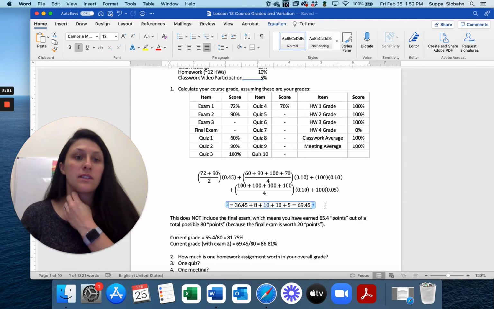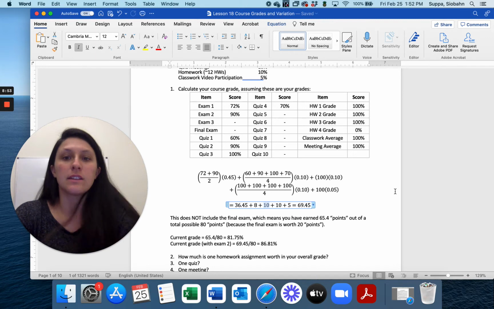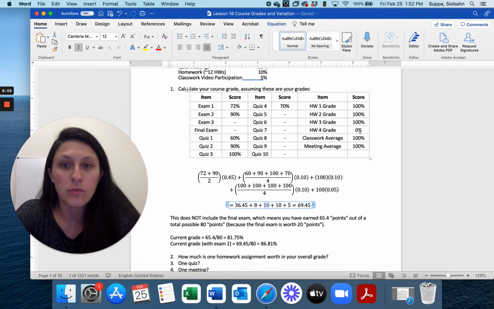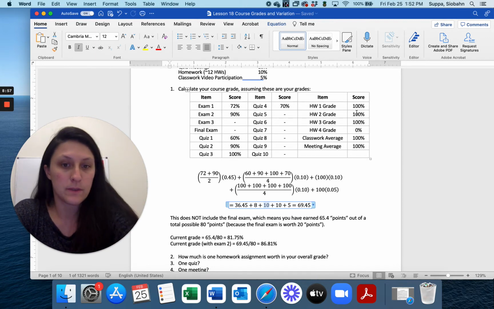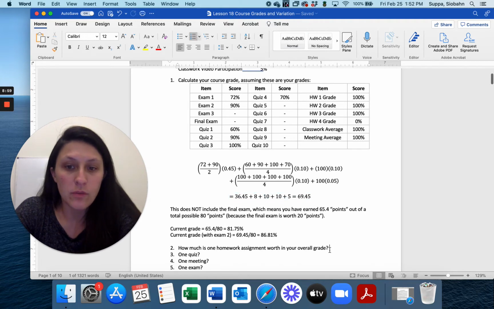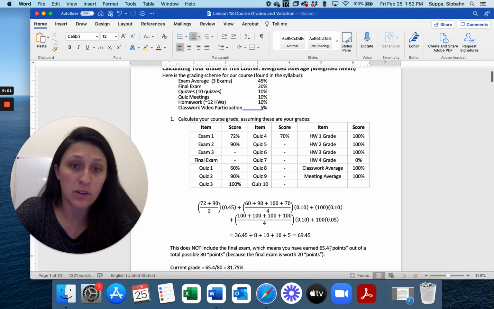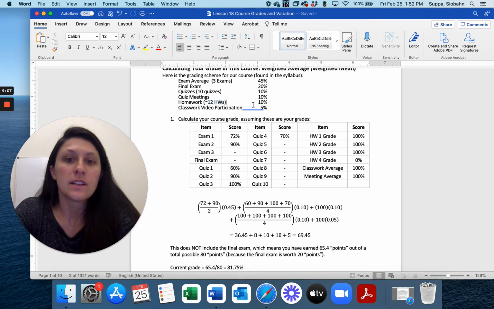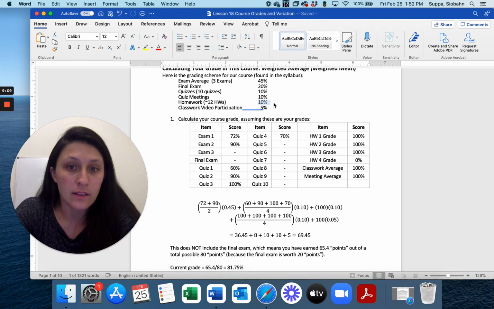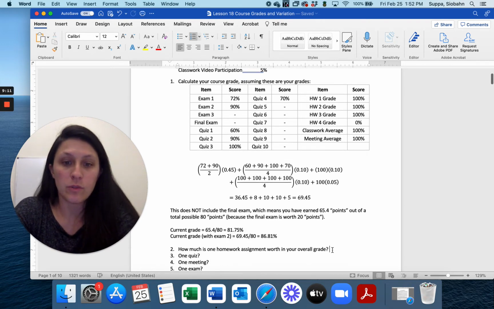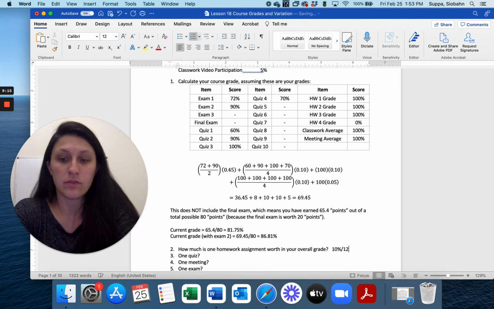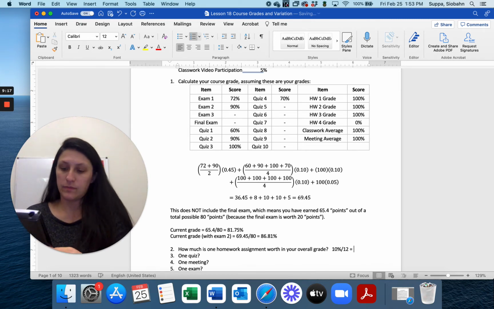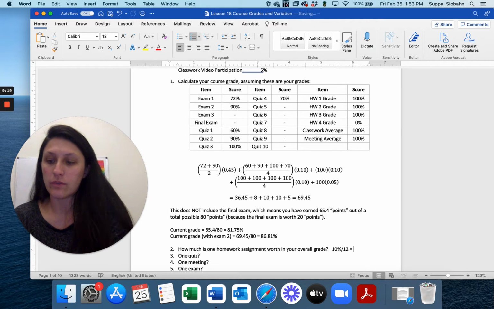And that's because your grade is calculated by taking into account the average homework grade of all your homeworks. So for one homework grade, if you want the exact amount for how much it's worth, you need to know how many homeworks there are in the entire semester. There's about 12 in our class. So if they're all worth 10%, you take the total 10% and you divide it by 12, because there's 12 homeworks, or roughly 12.